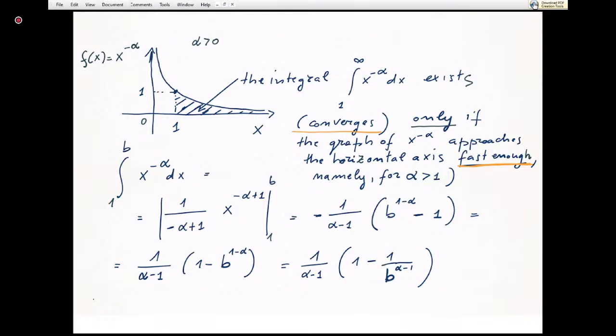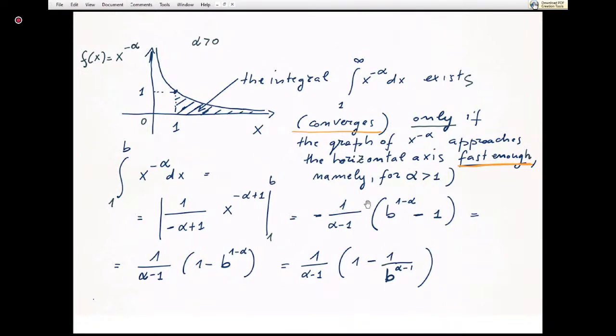Why is that? Because this is an elementary integral: x to the power of minus alpha plus 1, divided by minus alpha plus 1, is a primitive of this function, and we have to compute this primitive in b and then subtract the value in 1.